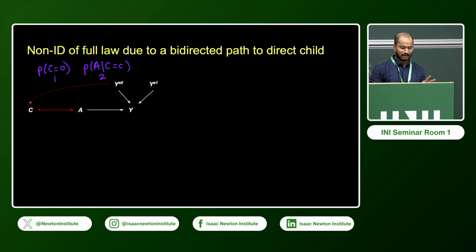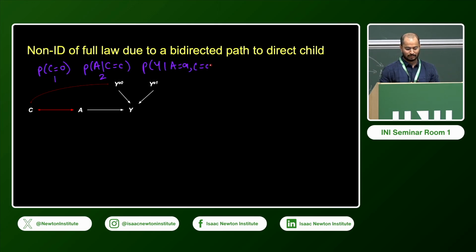But because I have a bidirected edge in just one of these potential outcomes but not the other, it turns out that P of Y given A, this conditional distribution, is a little bit weird.